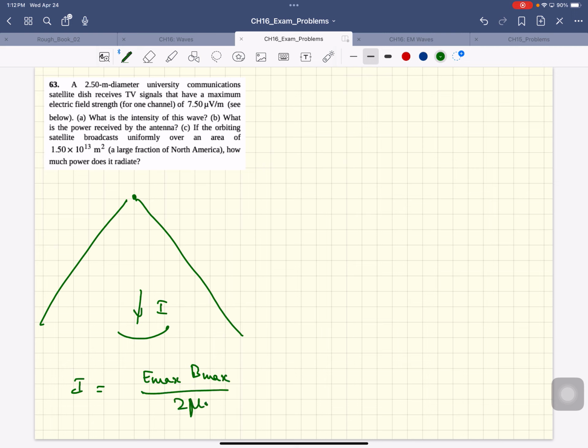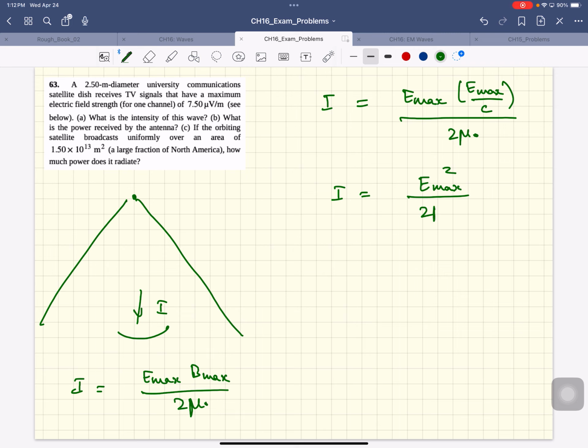You saw that. B max is E max over C, so the intensity is E max squared over 2 mu naught C. We already saw this a few problems ago.